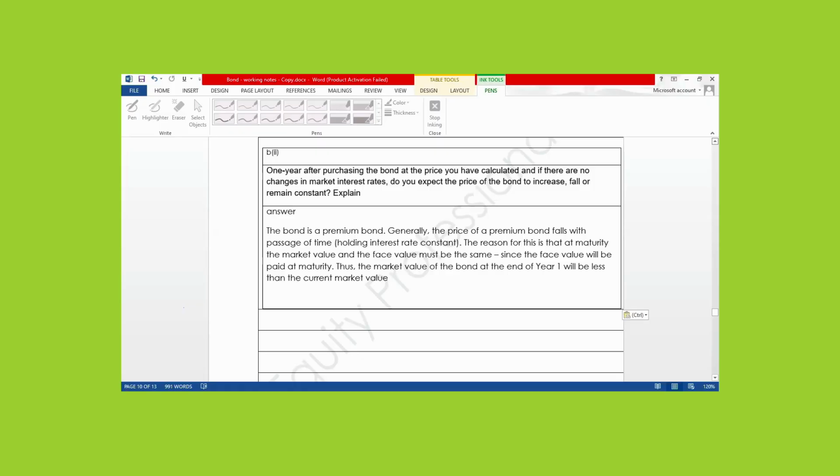The price of the bond becomes face value. So if I'm buying at 1,060 naira today, I'm aware that at maturity, the value will be 1,000 naira. So the question is, will that price fall or increase after 1 year? For 1,060 naira today to be 1,000 naira in 3 years, that price must continue to fall.